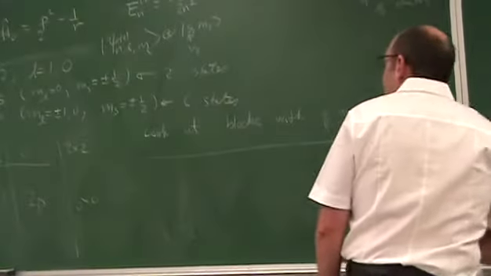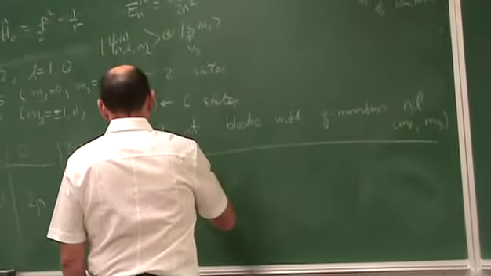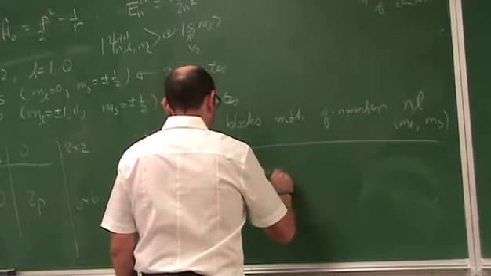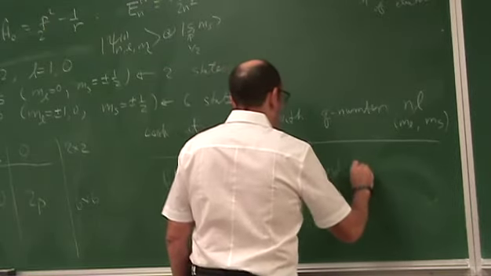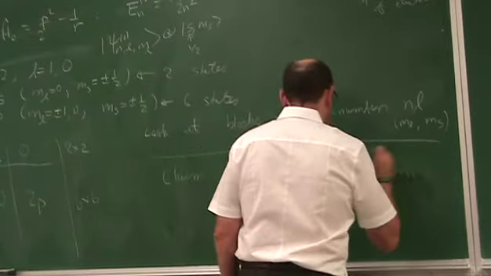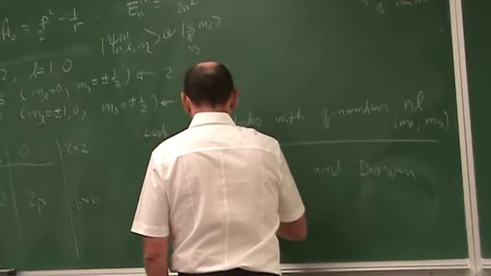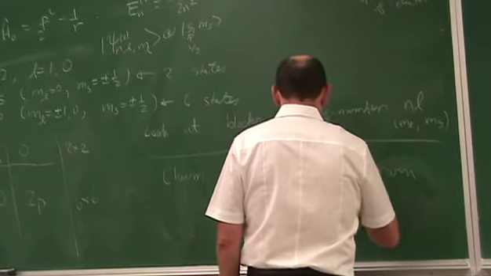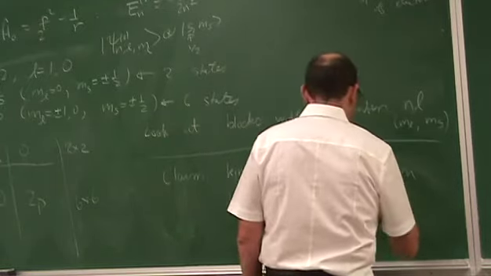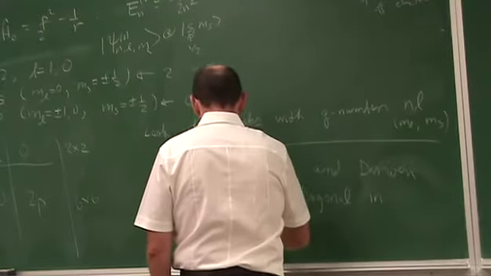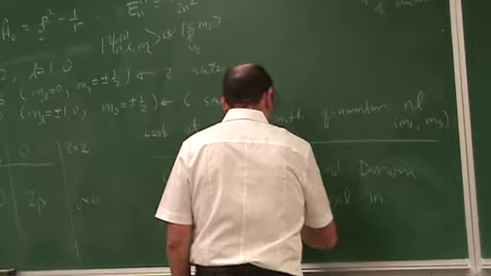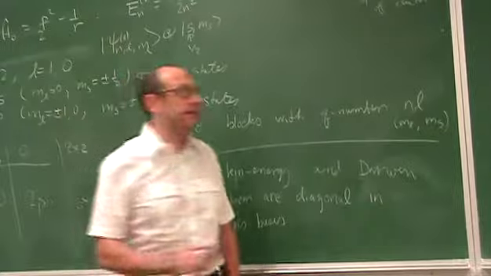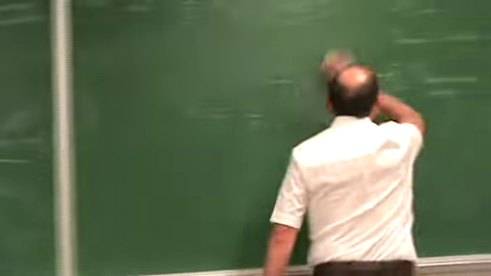My claim is that the kinetic energy term and the Darwin term are diagonal in this basis. How do we see that? Well, let's look at the basis a little bit more carefully. Let's leave this up for the moment.